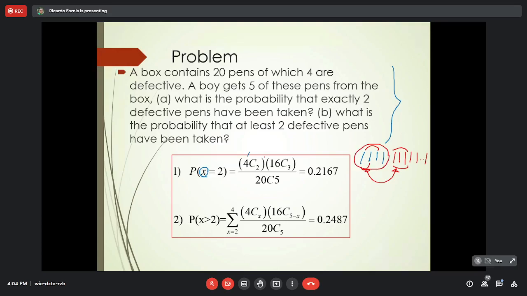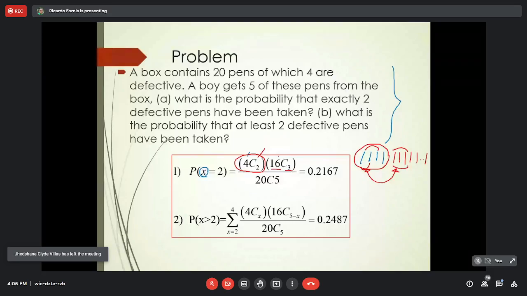That's why we have this formula. This will answer how many ways we could get 2 out of 4. And because we will partner it with another group consisting of 5, where there are 16 non-defective, we choose 3 of them and combine it to the 4 combined 2.